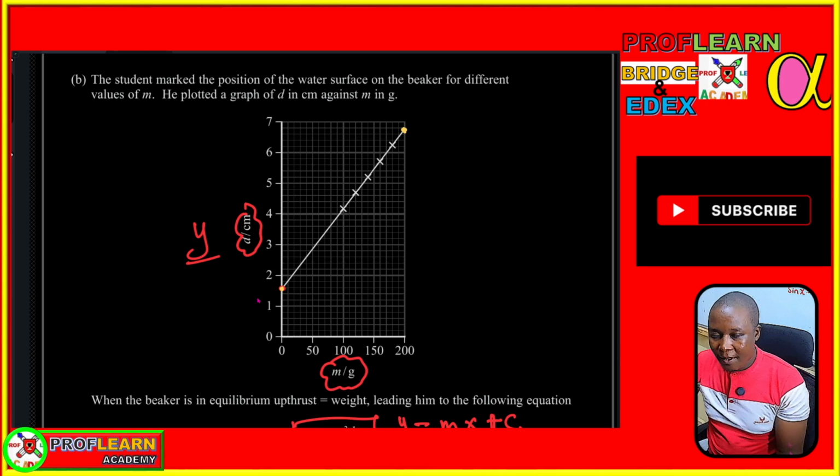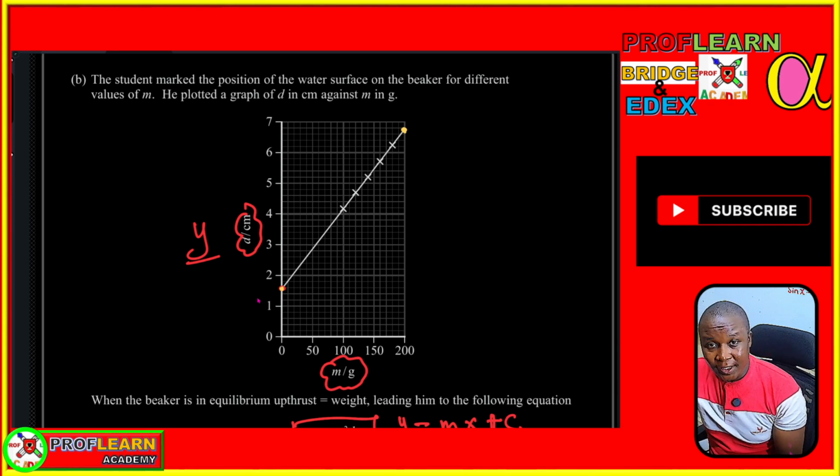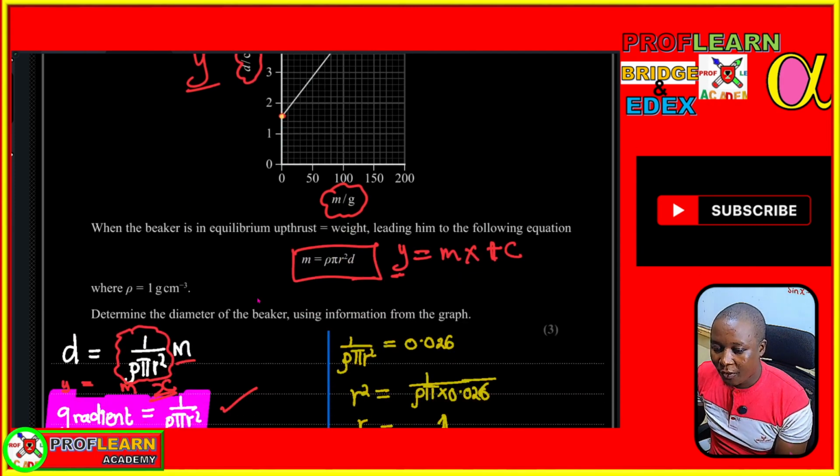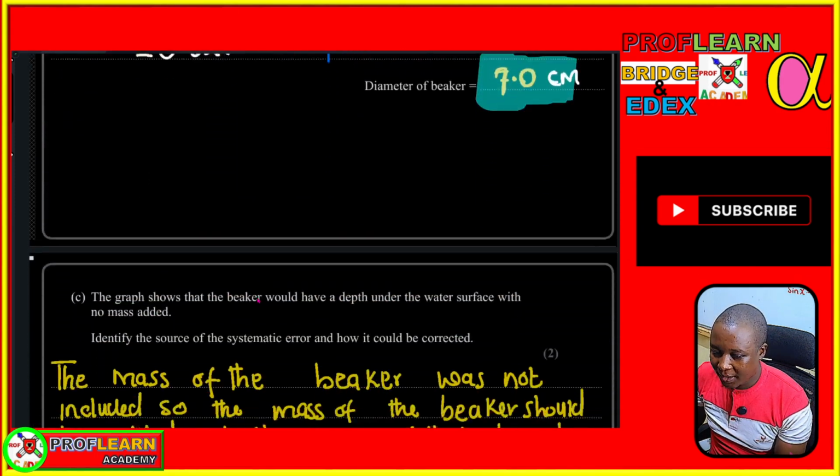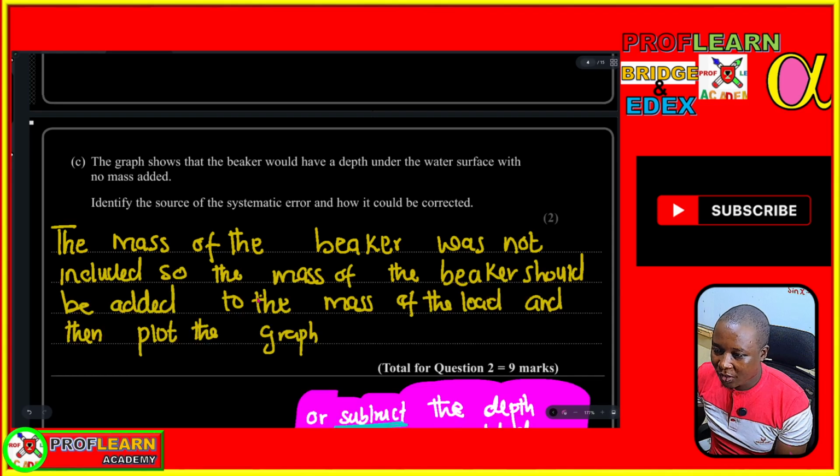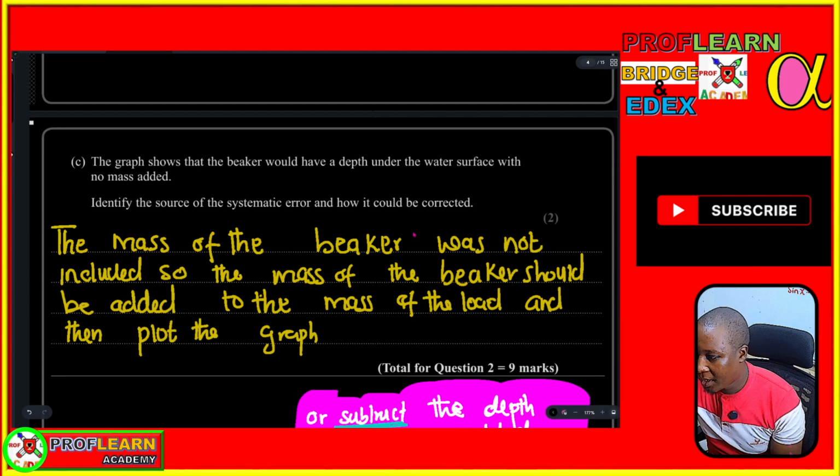Or whenever the mass was being considered, they could have taken into consideration the mass of the beaker also before starting to plot the graph. So, identify the source of the systematic error in that case. This is because the mass of the beaker was not included in the investigation.